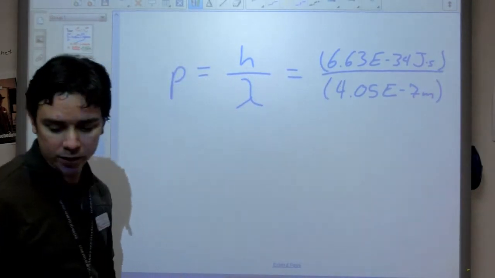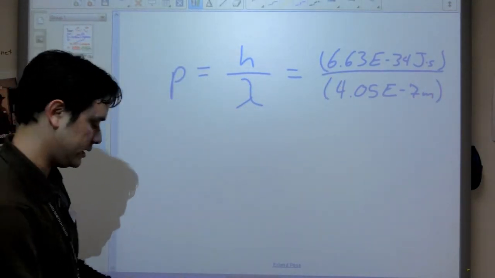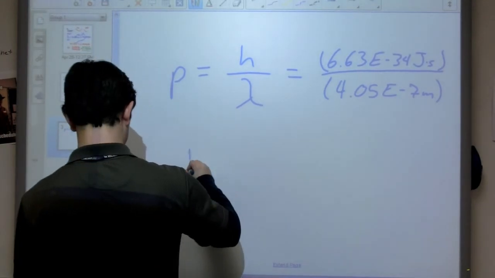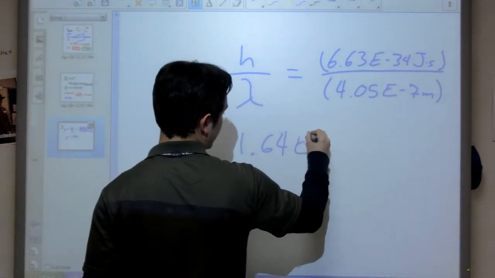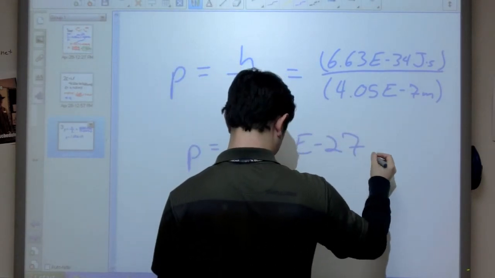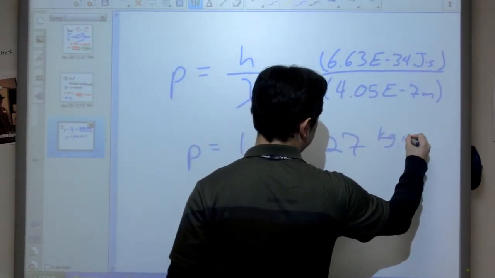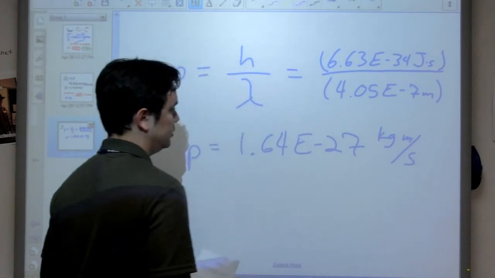When I evaluate all of that, I find that the momentum is equal to 1.64 times 10 to the negative 27th kilogram meters per second.